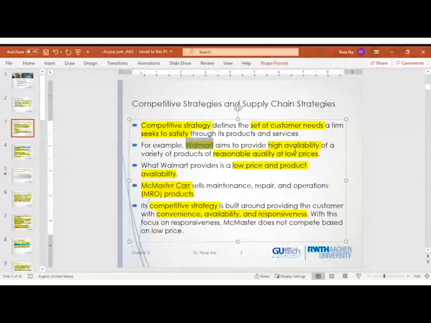So it means that whenever you want something, they can provide you in a short time. So here responsiveness is the main advantage of McMaster-Carr.